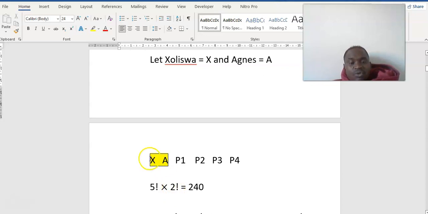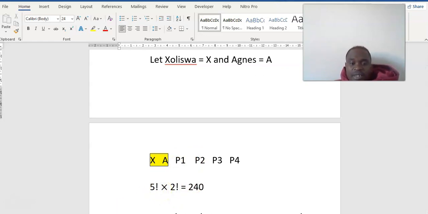So for you to easily remember, you count 5 factorial times 2 factorial. Is that easy to remember? Here we have to press this on the calculator.